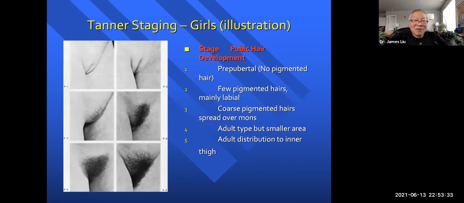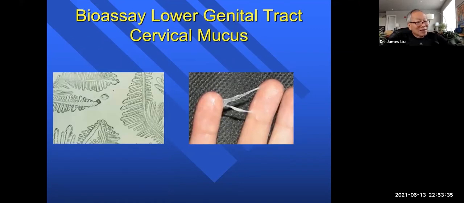follicles themselves. Cervical mucus is something that you can look at in general. If you find cervical mucus dry on a wet mount, you can see it on a slide with a Q-tip. If you see this and you do a progestin challenge, almost always it's positive.